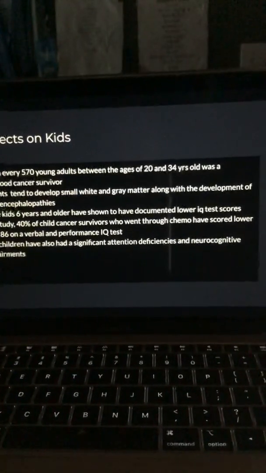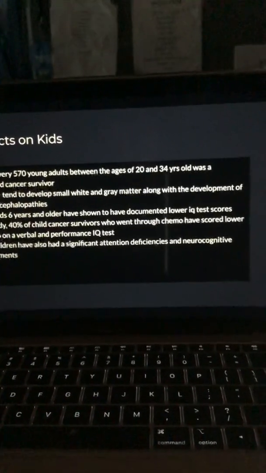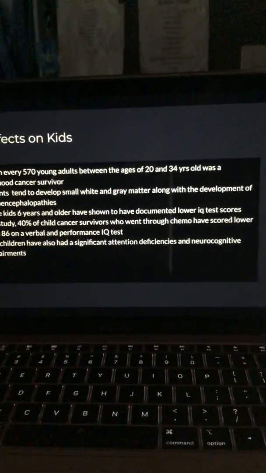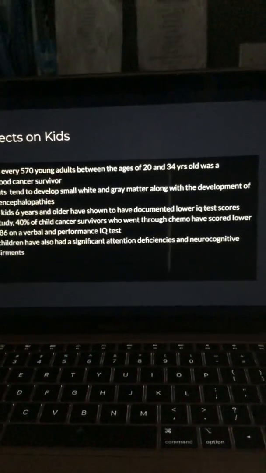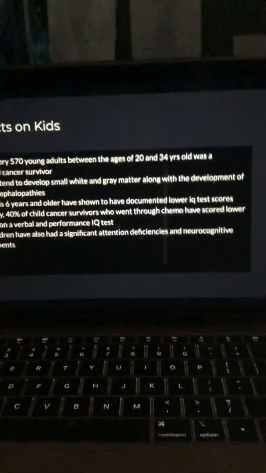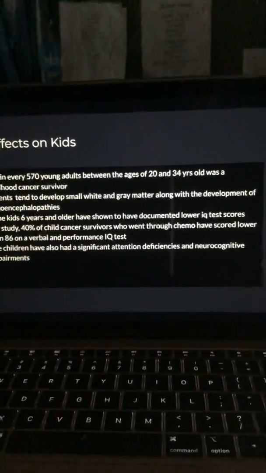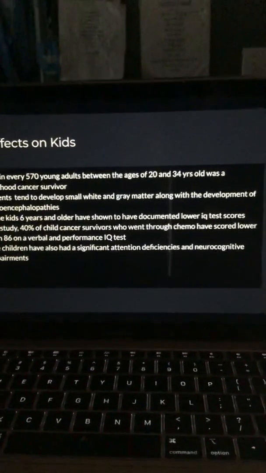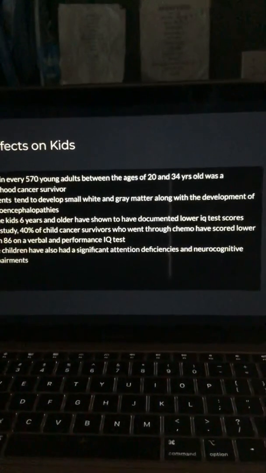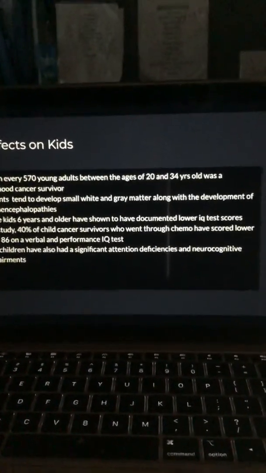Some kids 6 years and older have shown documented lower IQ test scores. In a study, 40% of child cancer survivors who went through chemo scored lower than an 86 on a verbal and performance IQ test.